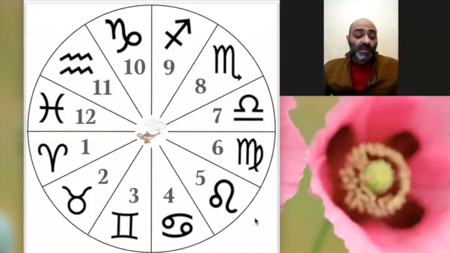So back to the first house. The first house is the most important house in the chart. For any great accomplishment in life, the first house has to be strong. The ascendant lord has to be strong.